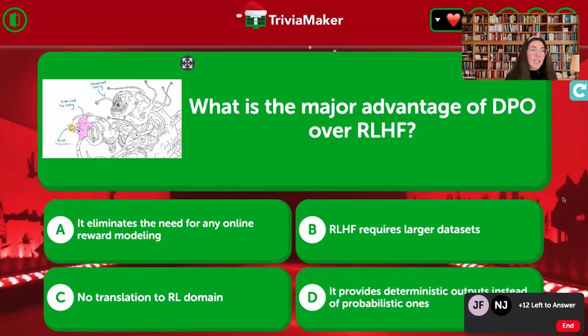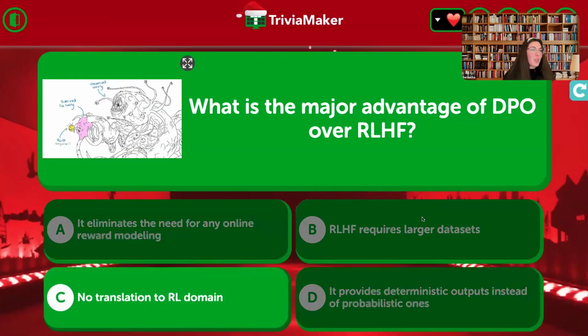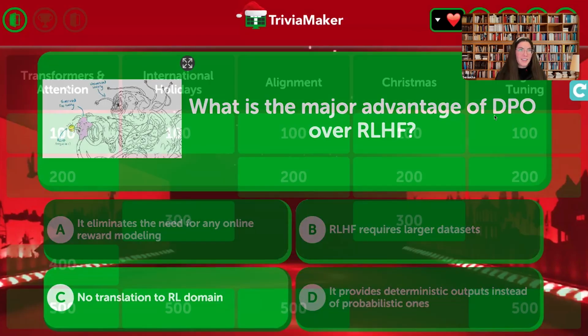Or D, it provides deterministic outputs instead of probabilistic ones. I like this one. This is a good one. Yeah, this one's solid. This feels like a Wiz special right here. That's what this one feels like. All right, here we go. No translations to RL domain.